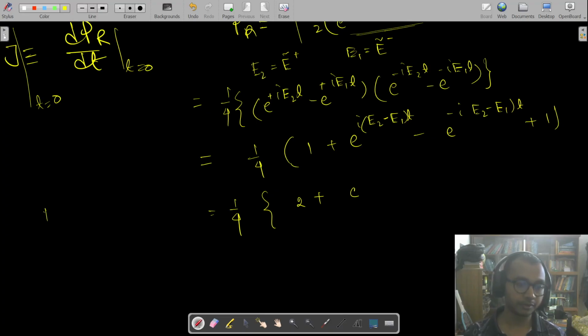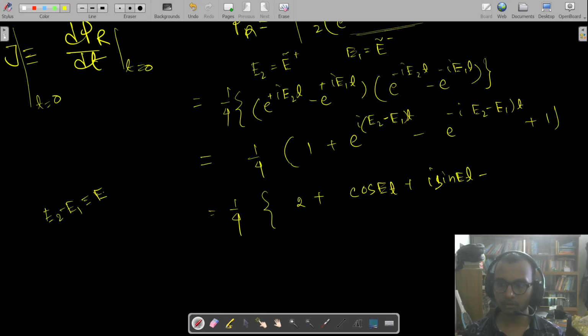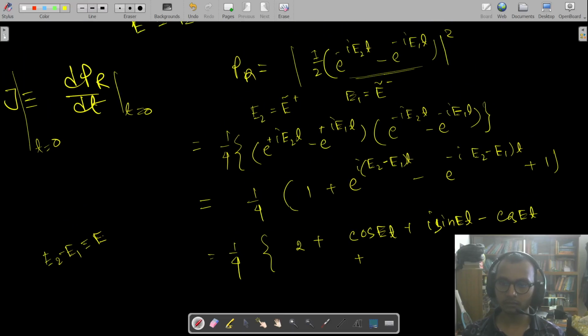Let's use the fact that E2 minus E1 is defined as the energy splitting E, and also we use the Euler identity.